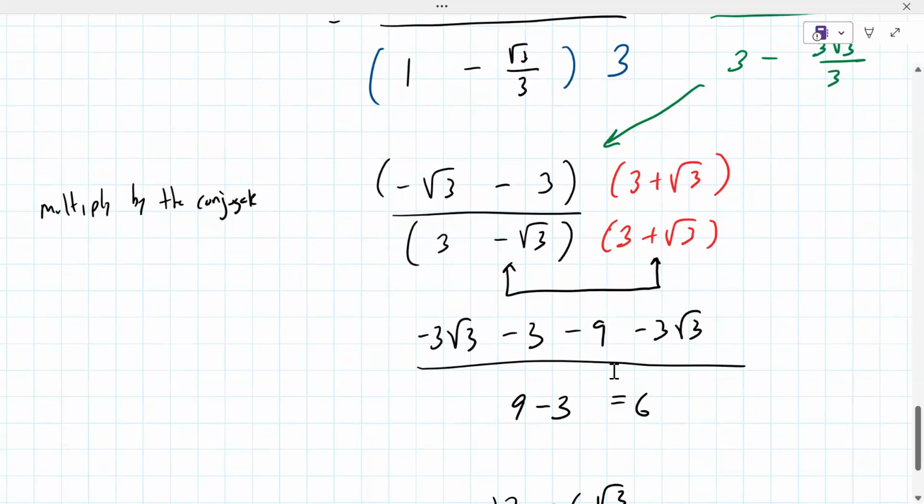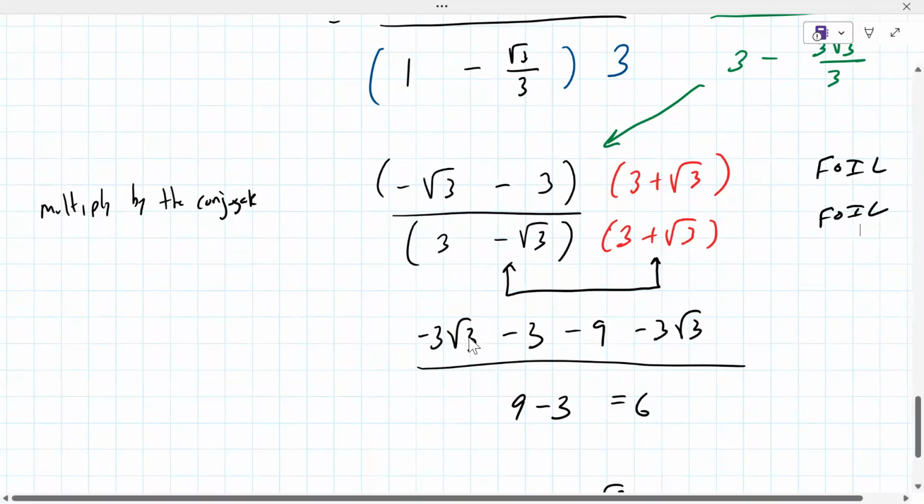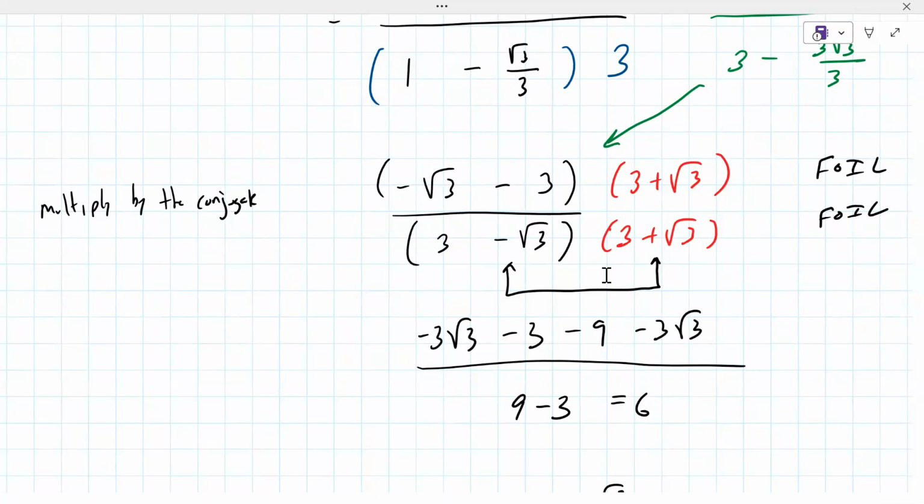It's a FOIL, and then you're just foiling the top and the bottom. Minus 3 square root of 3, minus 3, minus 9, minus 3 square root of 3, over 9 minus 3, which is equal to 6.